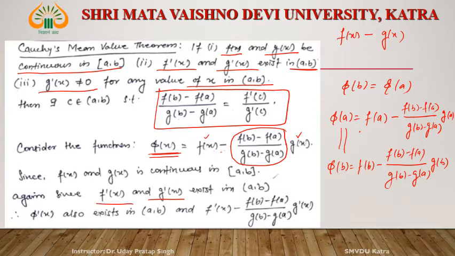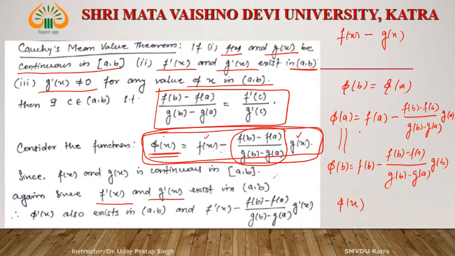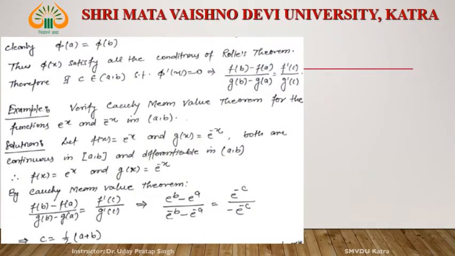So this phi(x), defined in this way, satisfies all the conditions of Rolle's theorem. Then apply the result: there exists c in the open interval (a, b) such that phi prime c is equal to 0.